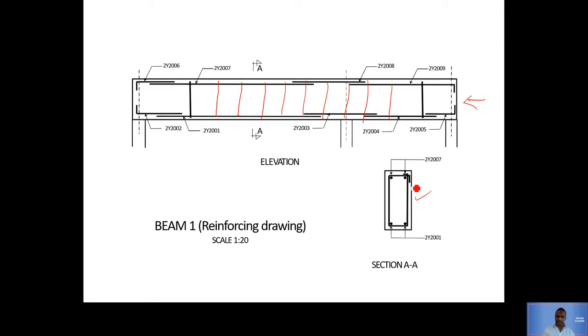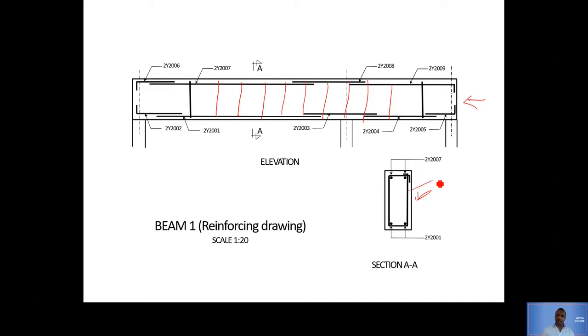They're going all around the bars. What I want you to take note of is that they actually go on top of the top bars and at the bottom of the main bars, just to hold them together like that and squeeze them like that, as you can see from this view over here. Okay, so those are the stirrups.